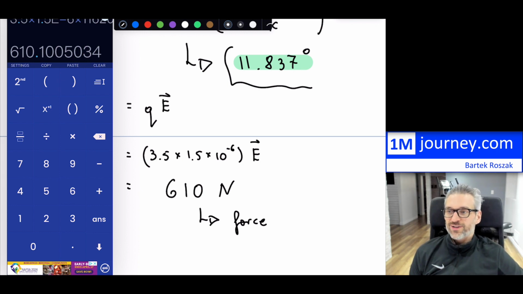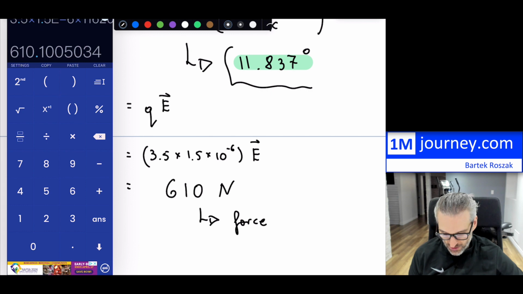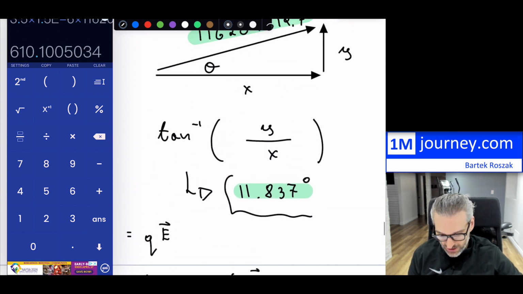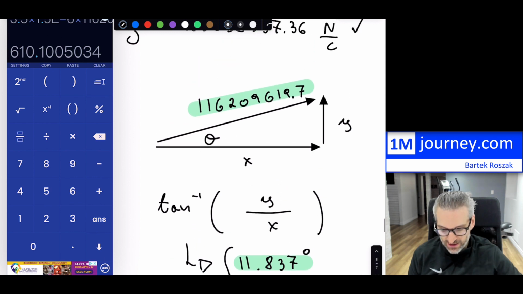All right, so it'll be about 610 newtons of force. So it's quite a bit of force that would be present, but it was quite a big electric field. Now, if you want to round to 3 significant figures, you certainly can. I didn't do it here, but we could do that and put things in scientific notation if we wanted to.